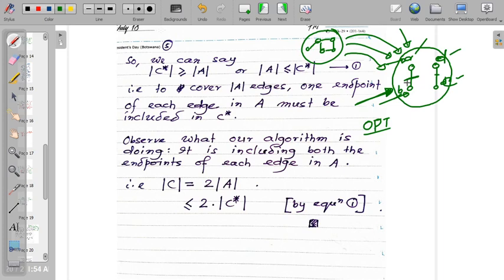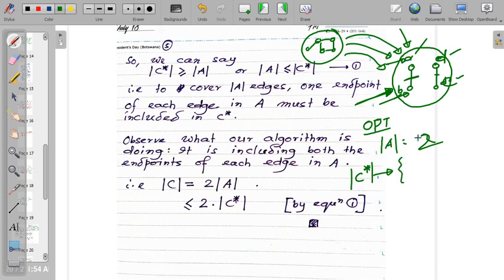So how many edges are we having? The cardinality of edges is 2. Now the optimal vertex cover must have, in our example, how many vertices? Can you tell me? The cardinality of the optimal vertex cover.